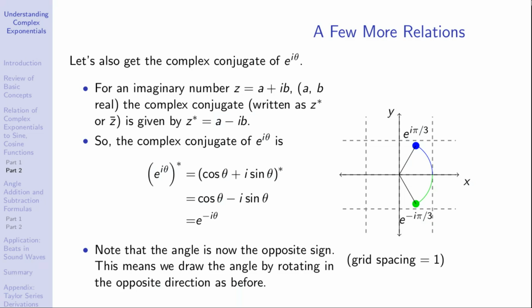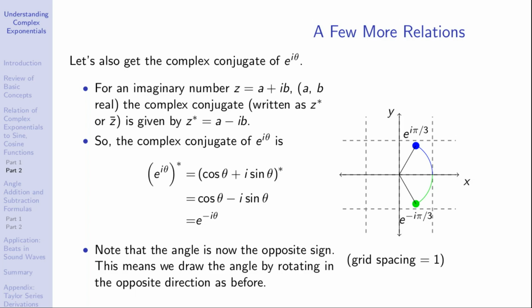Okay, let's also get the complex conjugate of e to the i theta. For a complex number z, which is equal to a plus ib, where a and b are real, the complex conjugate, written as z star or z with a bar over it, is given by z star equals a minus ib.